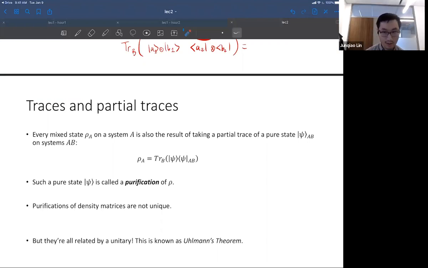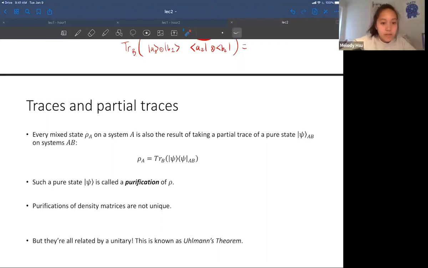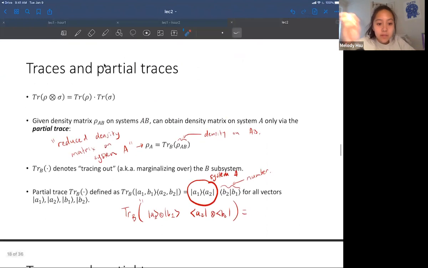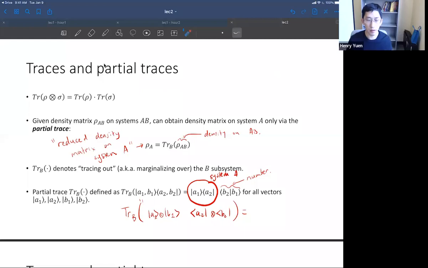I was wondering, the notation for the trace, we've been using B. Are these expressions equivalent whether we are calculating the partial trace of B or A? It refers to which system you're tracing out.